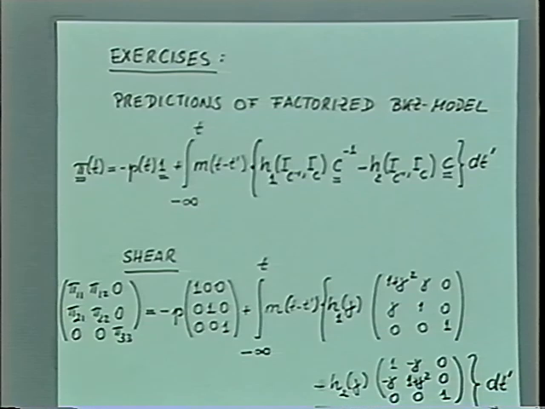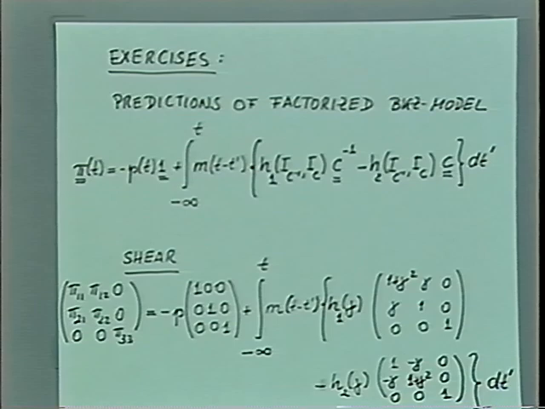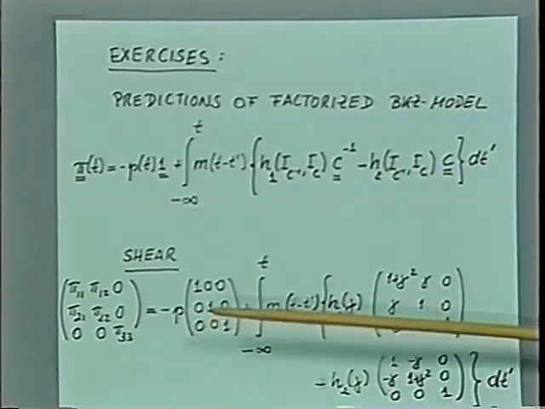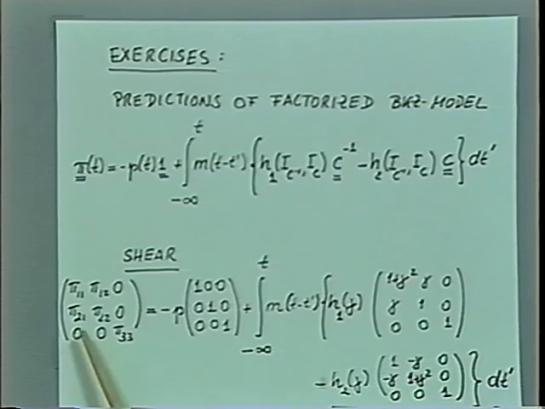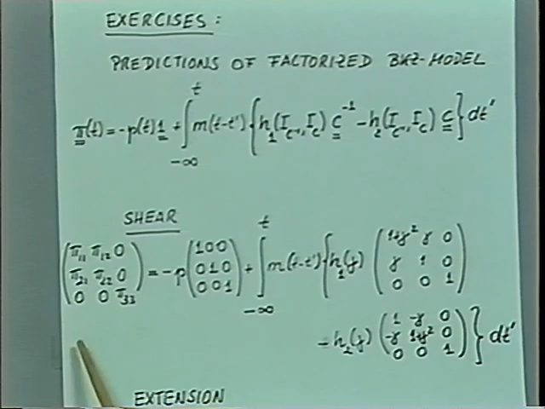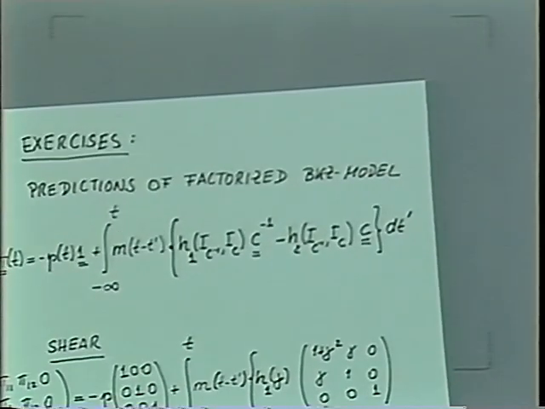It hasn't been specified anyway, so why talk about derivatives? We just use those as two functions of the invariants. We would like to apply this equation to shear and extension. I wrote down some components which you can analyze. You can look at the shear component or the normal stress differences, and you can do the same thing in extension.